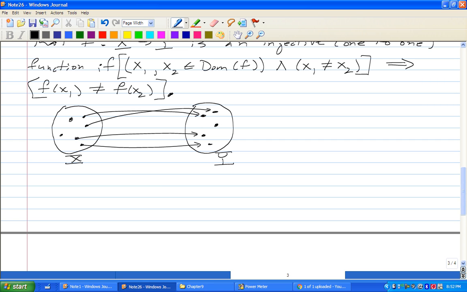Let's call this rule F. You notice that F here is injective. It's one-to-one because each of these Y values came from a unique X value. For every one X, there's one Y, and for every one Y, it came from one of the X's. So this rule is this idea of a one-to-one correspondence. So this is an injective F, a one-to-one F.